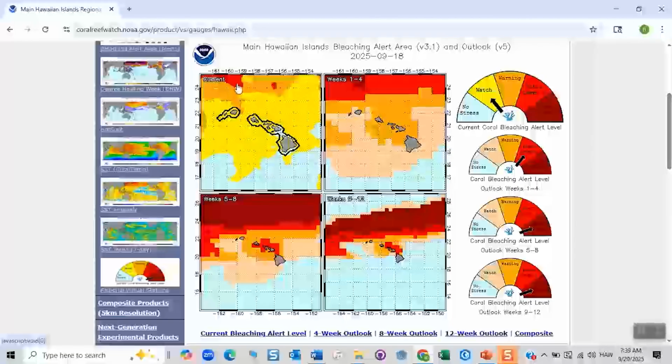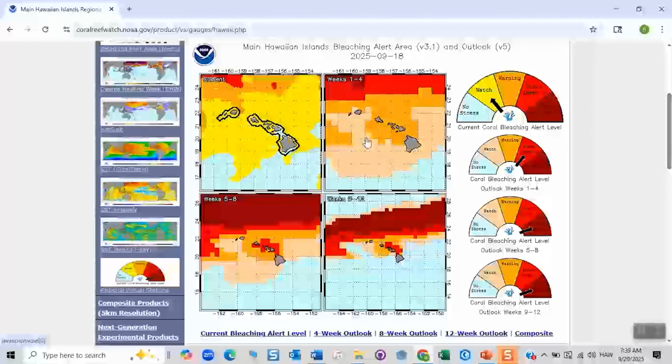This is our current status. It's taking the information within these squares inside the black outline into account. What is the level? Is it a watch, warning, alert level? What is the water temperature? And then a different outlook. So this is our current snapshot here.